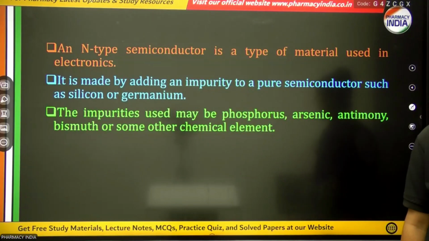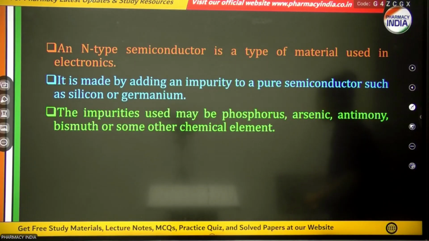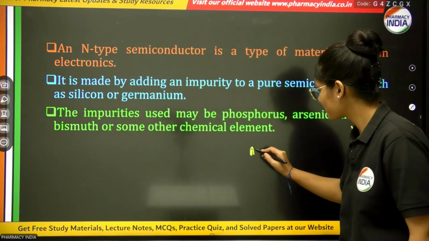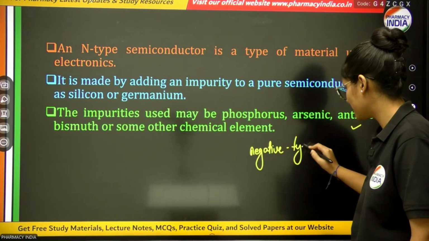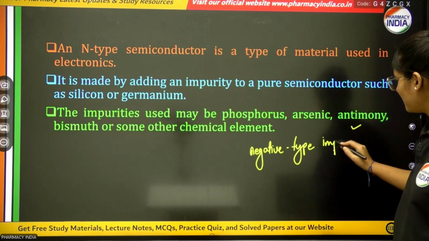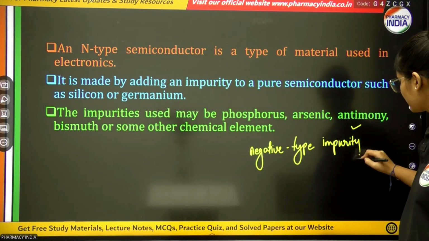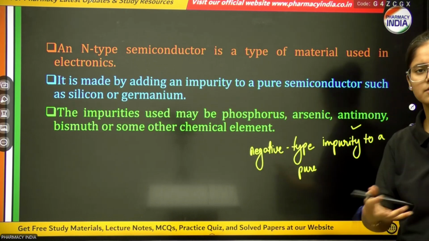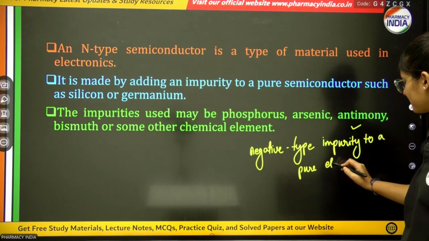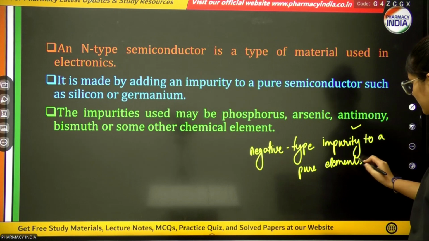The impurities used may be phosphorus, arsenic, antimony, bismuth or some other chemical elements. So basically we are adding negative type impurity to a pure crystal, metal or element. Clear?